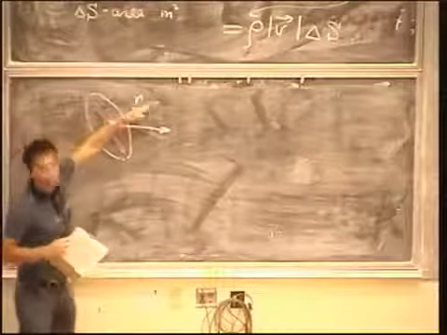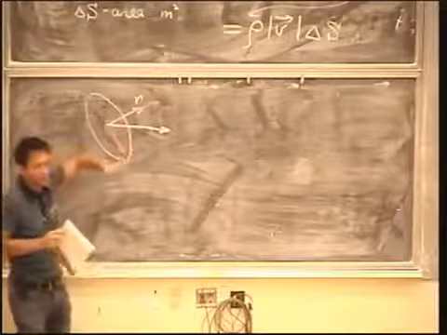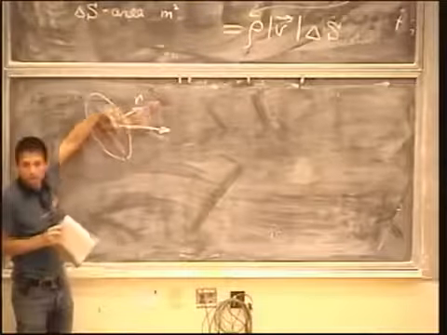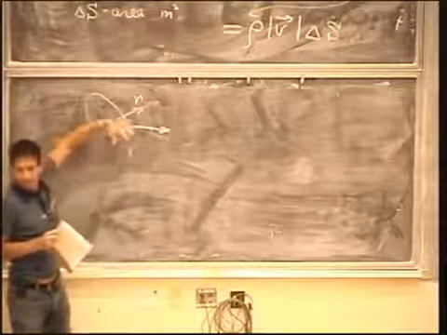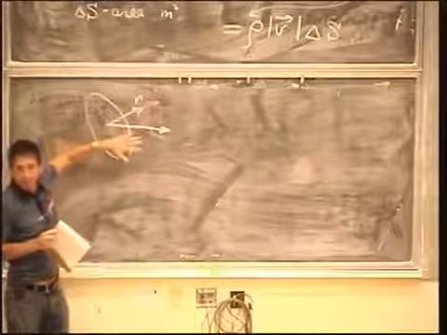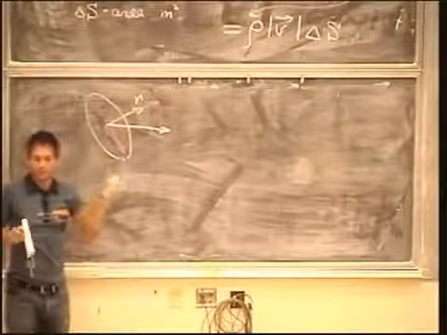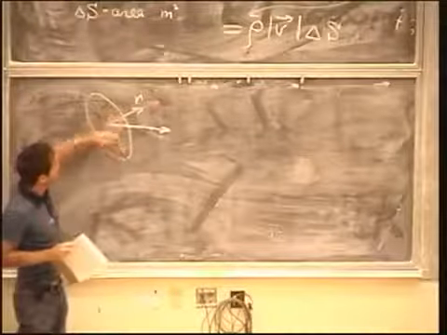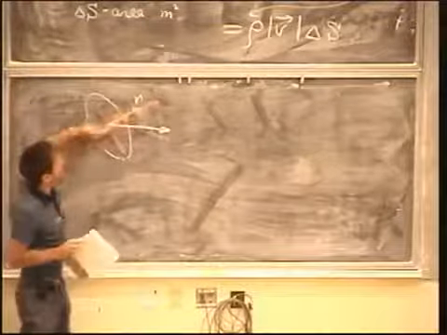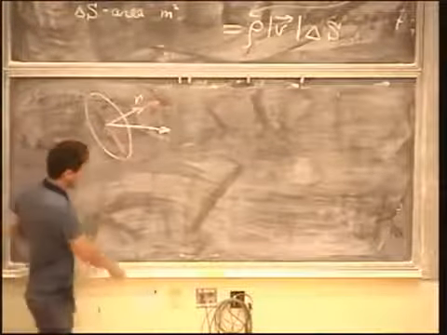Some water flows in a perpendicular way, and some flows as a superposition of flow in the perpendicular direction and parallel to the membrane. And of course, what is parallel to the membrane is irrelevant. If the flow is just like this, there will be no flow through the membrane. So the only thing that is going to contribute is the normal component of this vector.